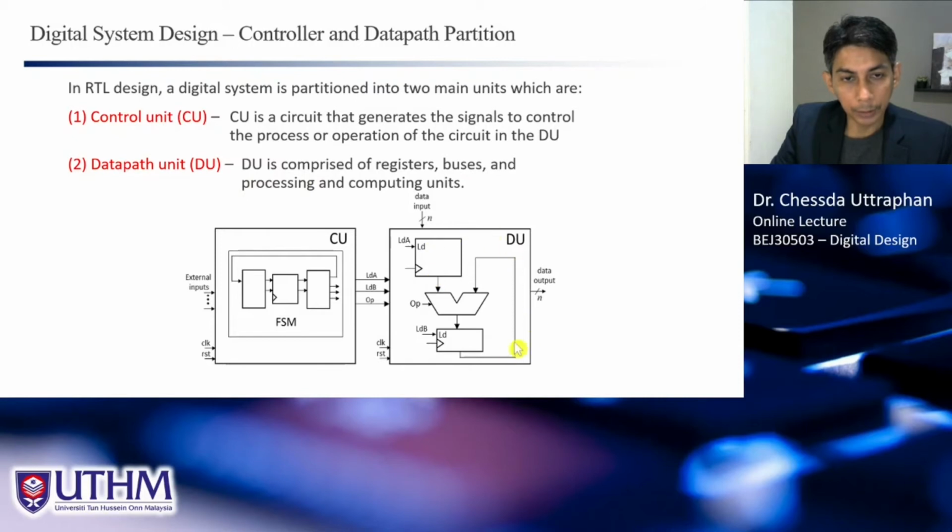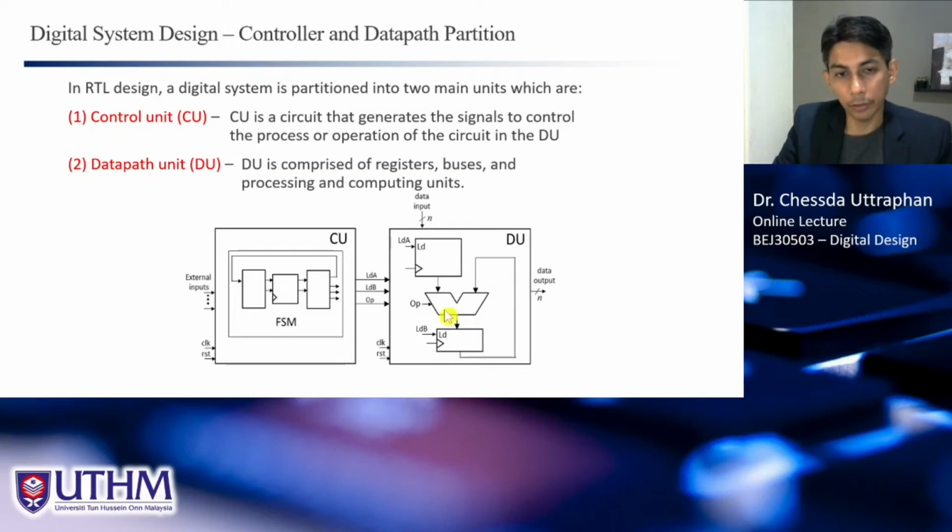The data path is our circuit to process some data, where the data comes in here and goes to this register, and we have the processing unit here, and another register here, and the output here may be fed back to this processing unit and go back to the register and so on. So this is called a data path unit or data path circuit.